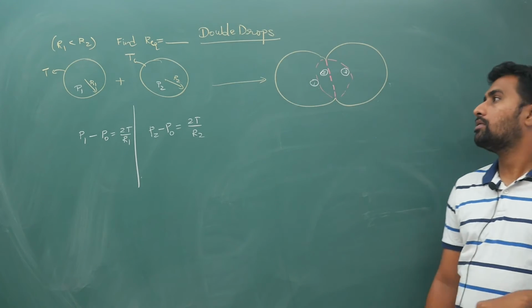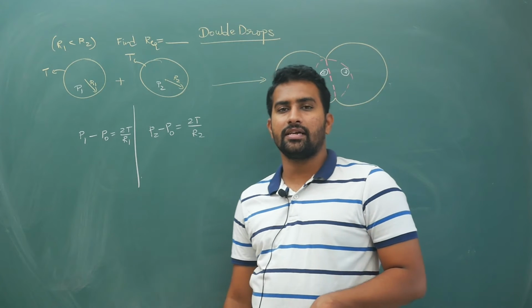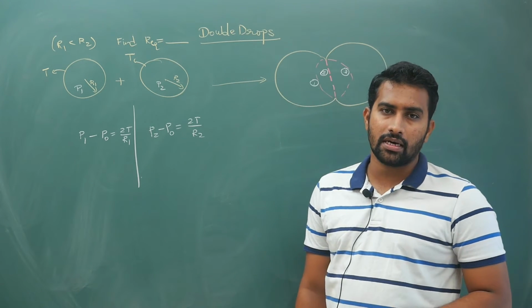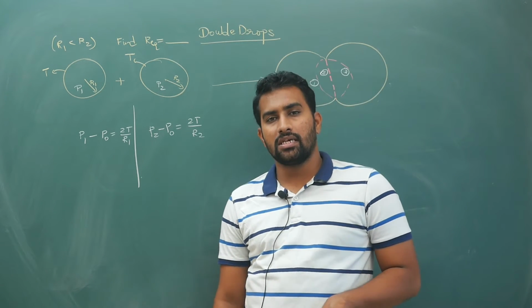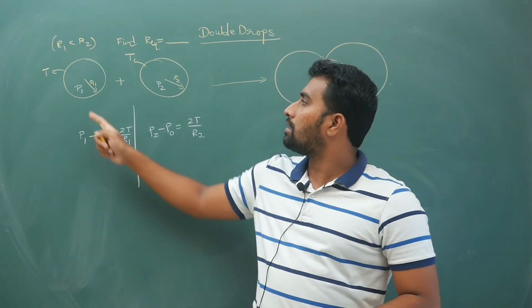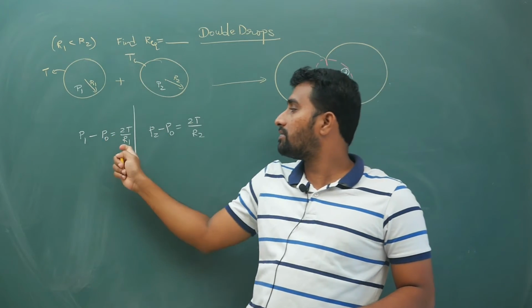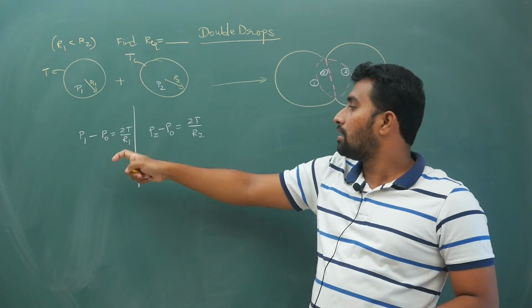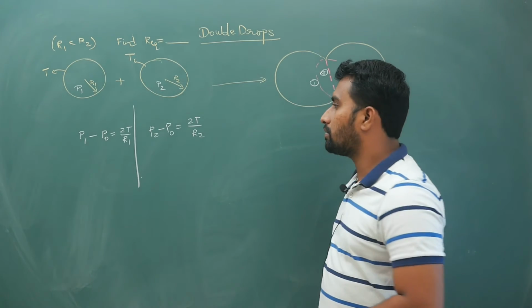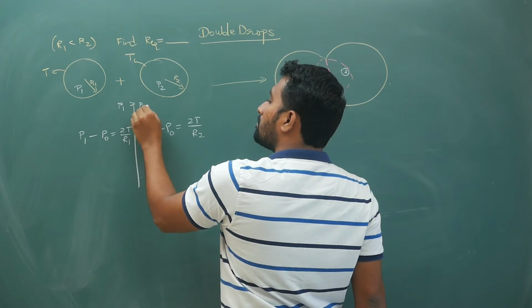Now in which drop is the pressure more? I told you, the concave side will be in the region where there is more pressure. Now R1 is small, R1 is less than R2. This I have given in the question. So if R1 is less than R2, P1 is greater than P2.